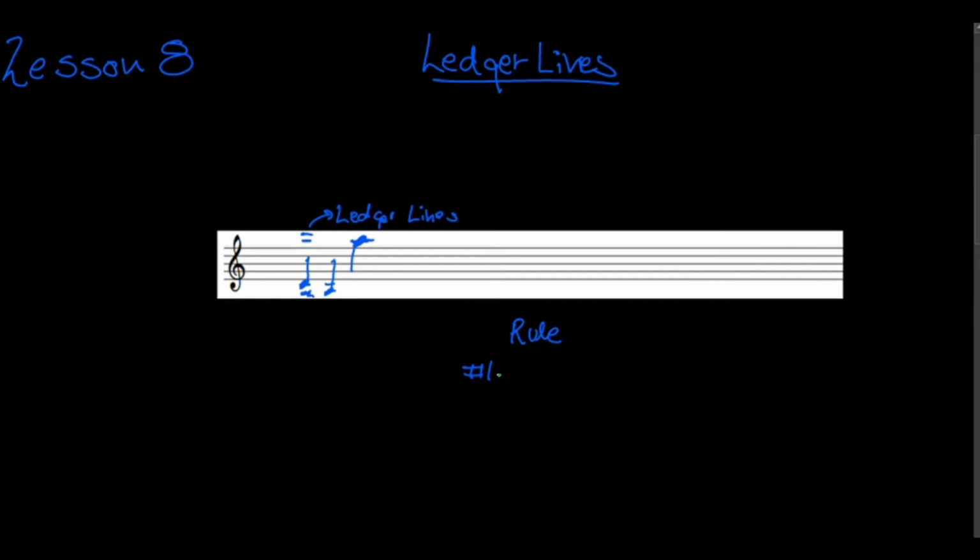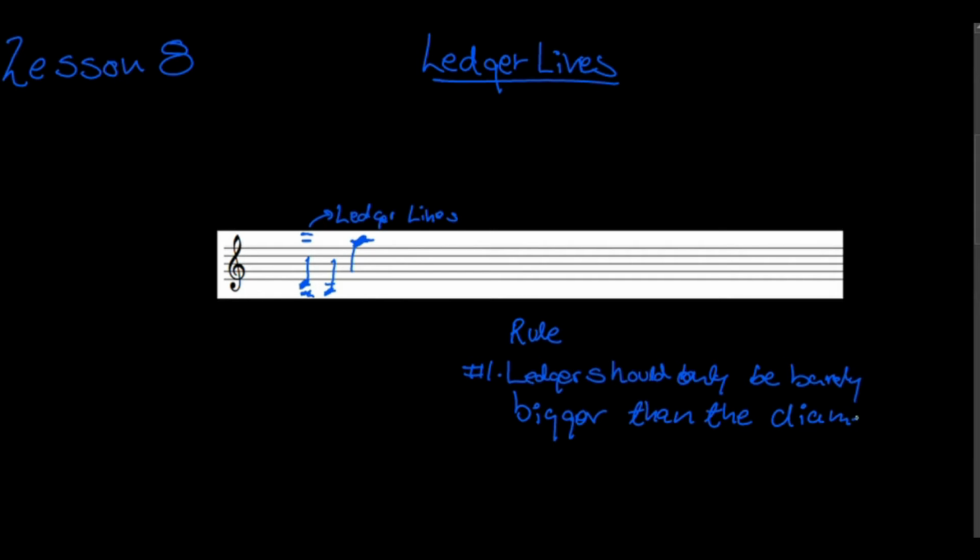Rule number one: ledger lines, as I've already mentioned, should only be barely bigger than the diameter of the note in question. That means they basically have to be really small. I'll just show you what I mean.